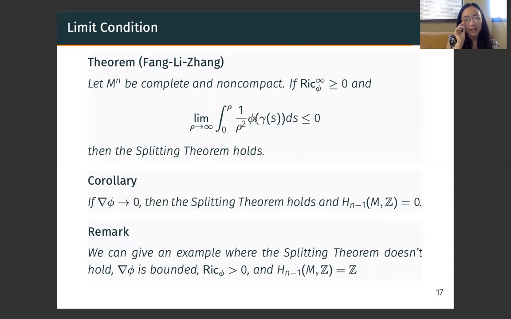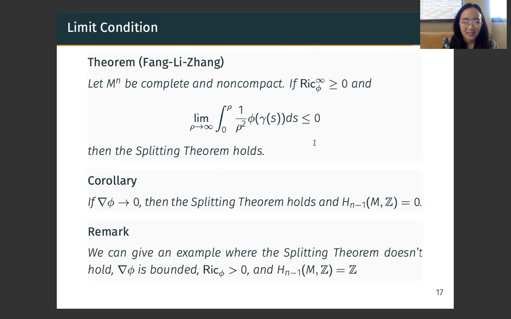Okay, now I'm going to talk about this theorem by Fang, Li, and Zhang. It says if M is complete, non-compact, and if Ricci phi infinity is non-negative, and we have this limit condition, then the splitting theorem must hold. So a corollary of this is that if grad phi goes to 0, then the splitting theorem holds, and the n minus 1 integer homology is 0.